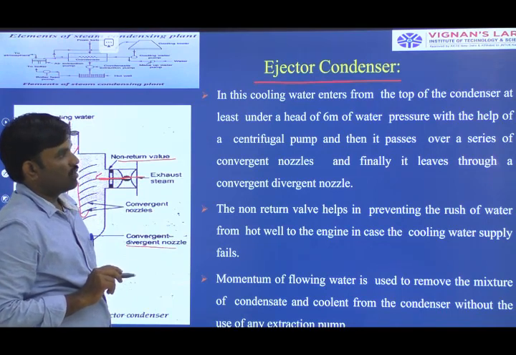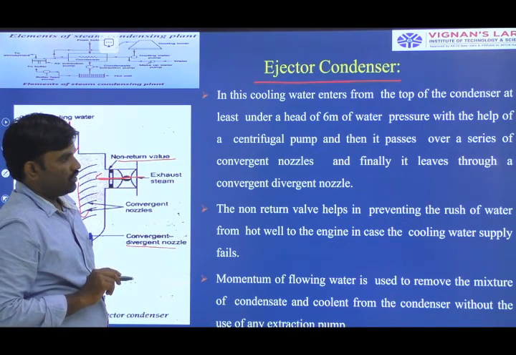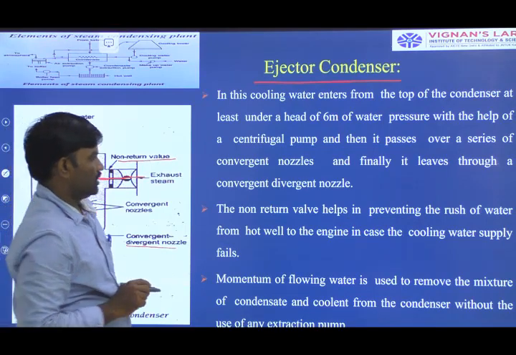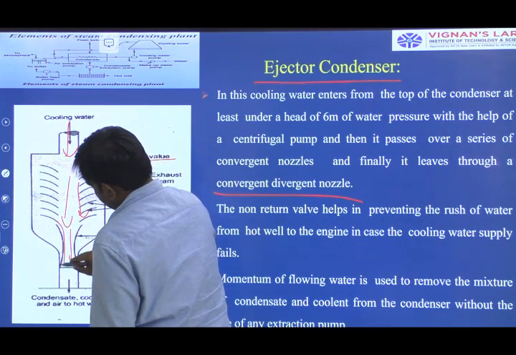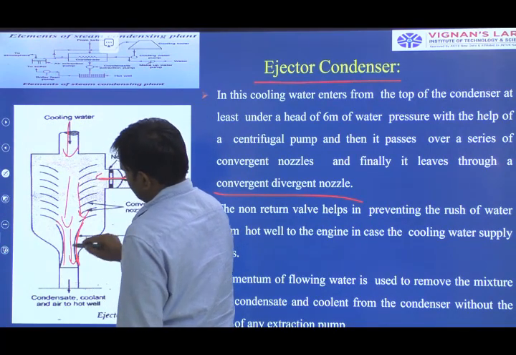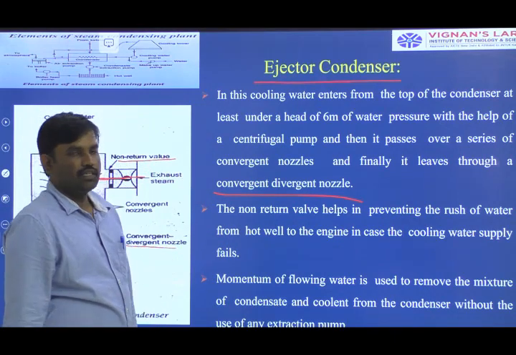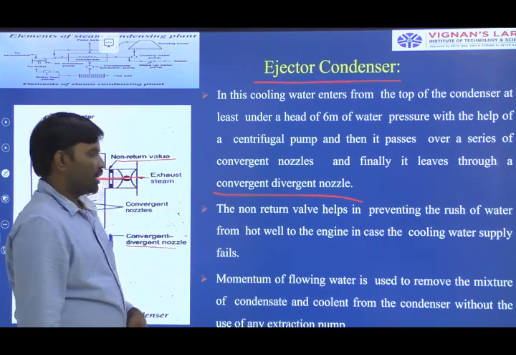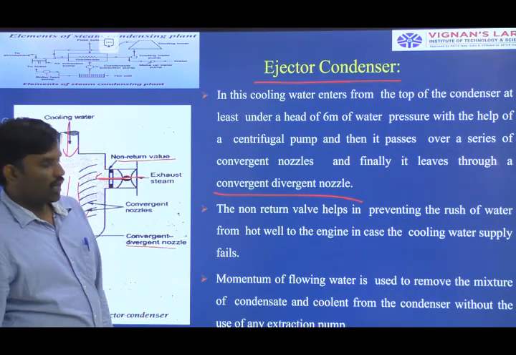Cooling water comes through a centrifugal pump, then it passes over a series of convergent nozzles, and finally it leaves through a convergent divergent nozzle. We place the convergent divergent nozzle arrangement inside the body of the condenser for increasing the velocity of the condensate mixture. No need to use another pump for increasing the velocity of flow.